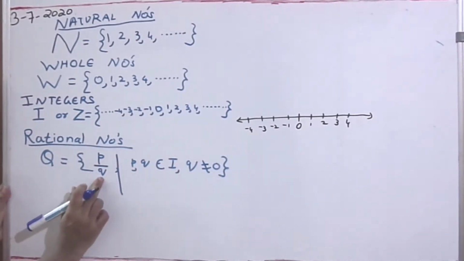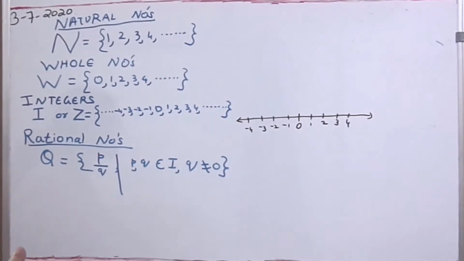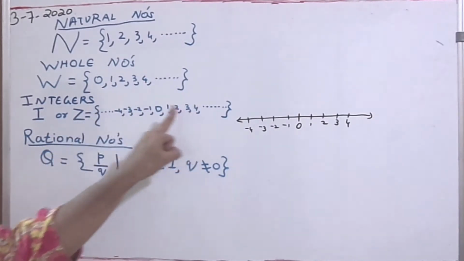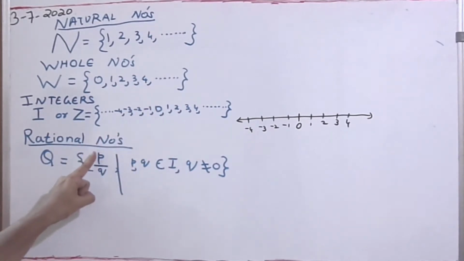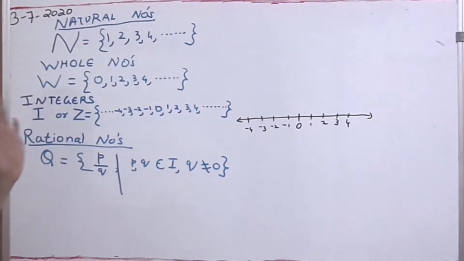If q is 0, you will get some number divided by 0. Division by 0 is meaningless. If I bring 0 chocolates and I say divide amongst yourself, isn't it meaningless? So division by 0 is meaningless. That is why q should not be 0. P and q belong to the integers, you take any two numbers from the set of integers. P can be 0. 0 upon something can be there. 0 upon 2, 0 upon 1, 2 upon 3, all those.